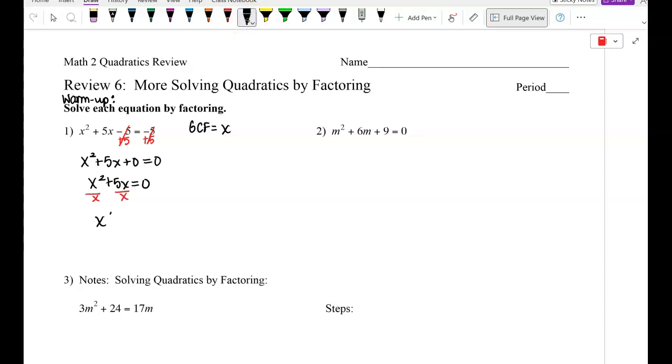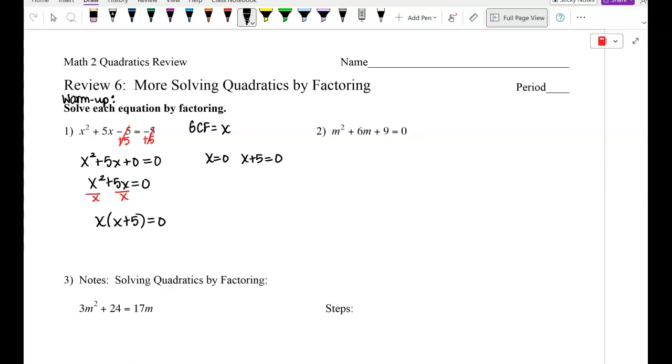So I have x times the quantity x plus 5 equals 0. And now I've set my factors equal to 0. I have x equals 0 and x plus 5 equals 0. Same two factors that doing the x method would get you. I just find if you're working with a binomial that this is a little bit easier.